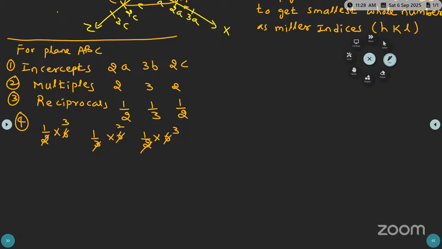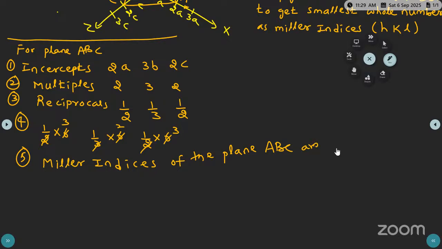Next, what do we get? Miller indices. What are the Miller indices of the plane ABC? ABC are in brackets, 3 2 3.